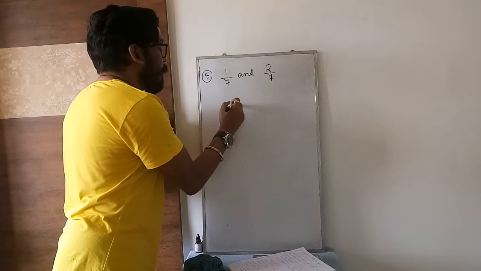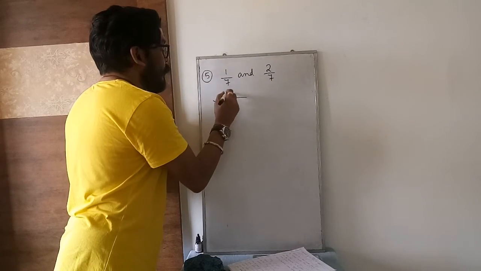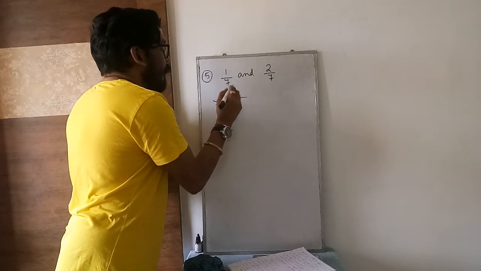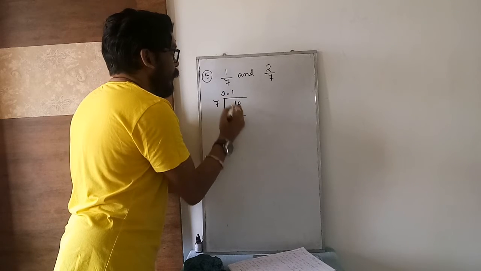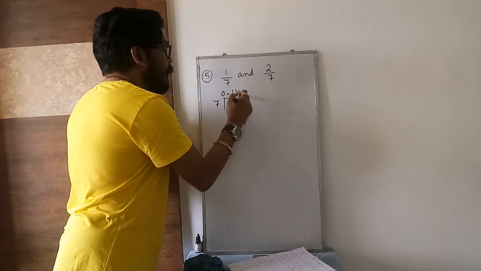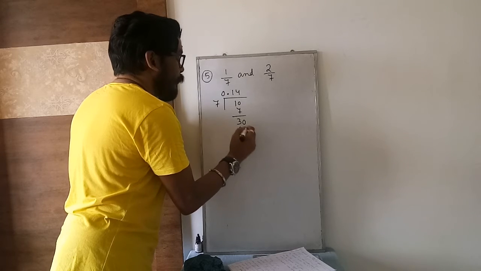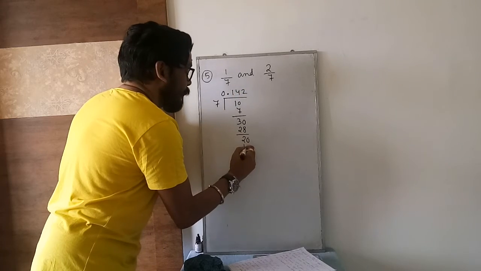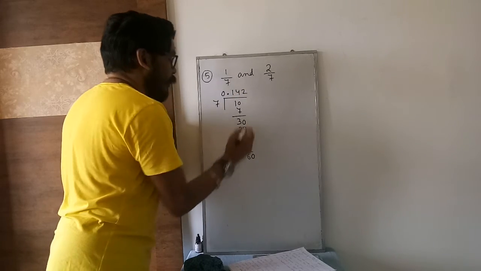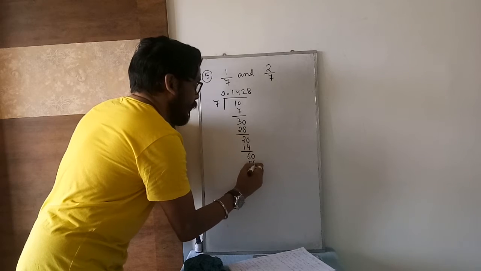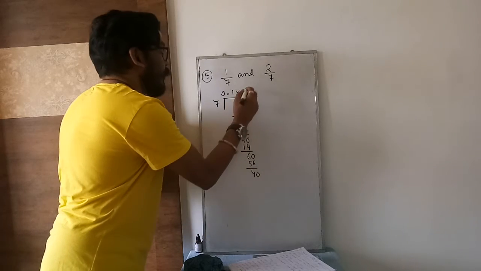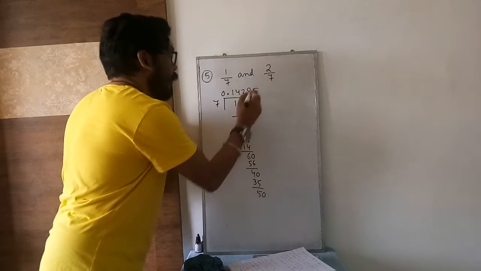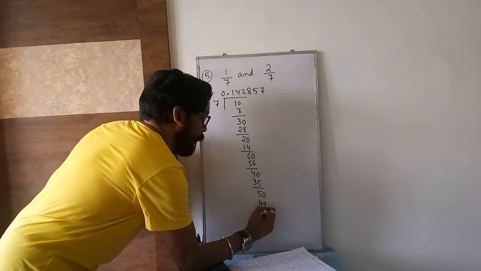So let me divide first 1 by 7. It will not give a decimal directly, it will bring 0. 7 1 just 7, 3 for decimal it will be 0. 7 4 just 28, it is 2, for point it is 0. 7 2 just 14, so it is 6. 7 8 just 56, it is 4. 7 5 just 35, it is 5. 7 7 just 49, it is 1.